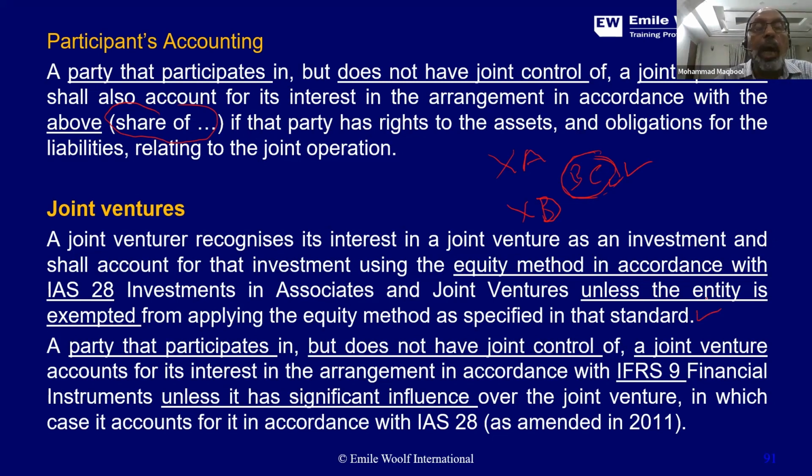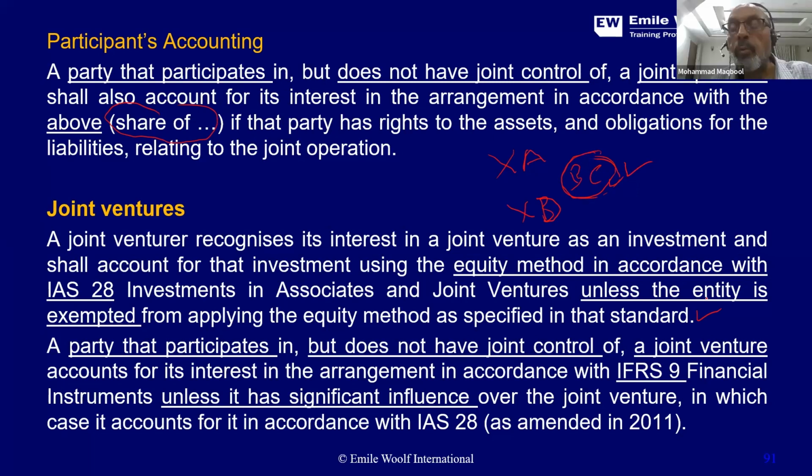A party that participates, I'm talking about A and D, but does not have joint control, accounts for its interest in the arrangement in accordance with IFRS 9.